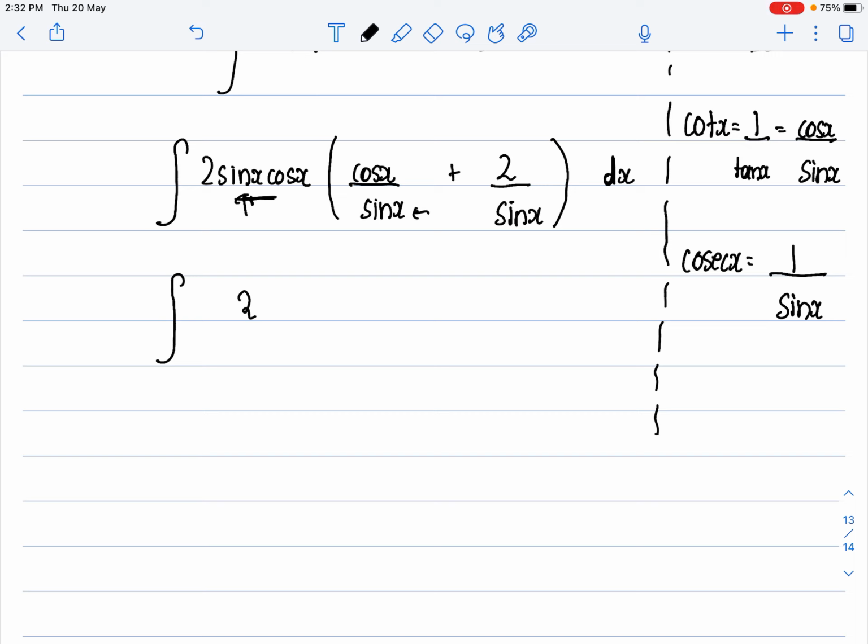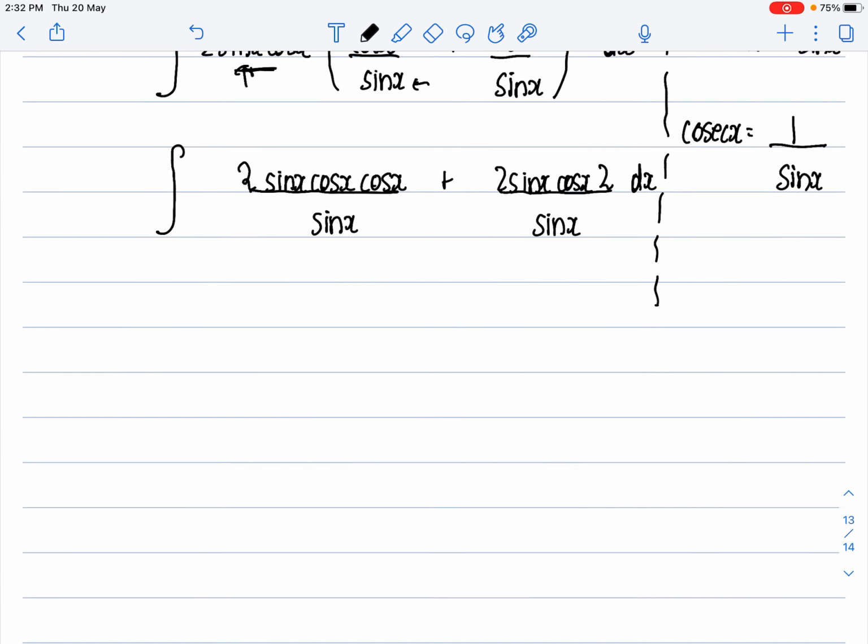I'll just write it down for you: 2 sin x cos x into cos x over sin x plus 2 sin x cos x into 2 over sin x dx.